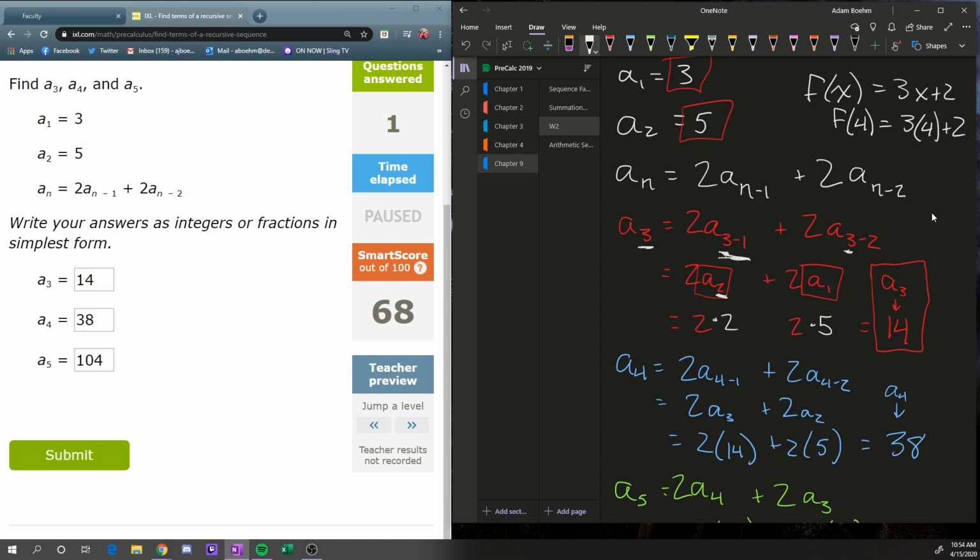Right? So A3 is really just like f of 3. And 2 times A3 minus 1, again, we just plug in that 3. So we'll do one more.